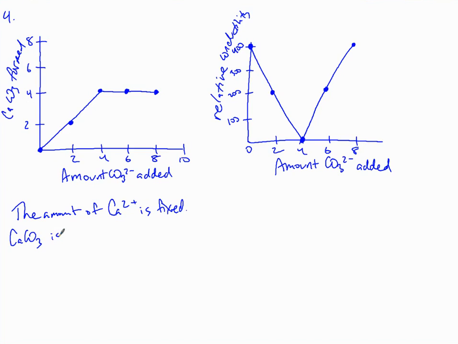So calcium carbonate is formed only until calcium is used up. And we can see on this graph the point where the calcium runs out, and that would be right here, because then it just levels off no matter how much carbonate we add.